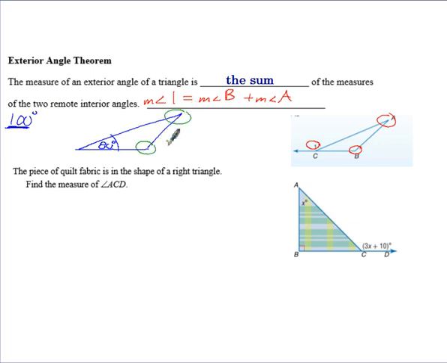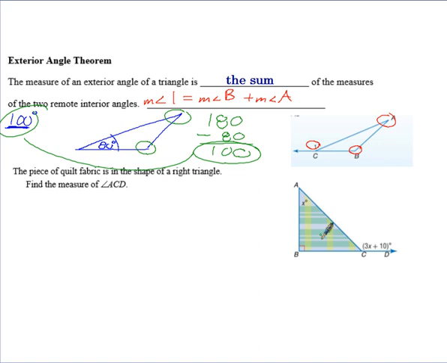And so remember, if there's 180 degrees inside a triangle, and I already have 80 degrees there, when I subtract 80 away, what am I left with between these two angles? I'm left with 100 degrees. And that 100 degrees is the same thing as my exterior angle. So that's kind of how that theorem works.